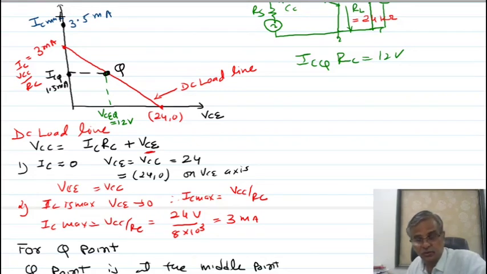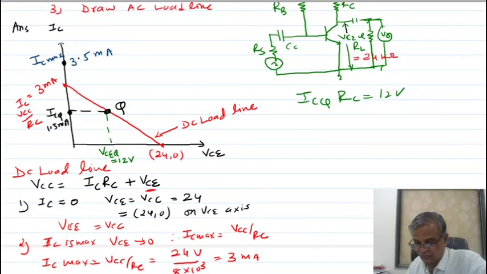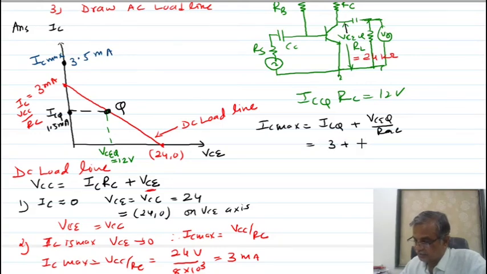IC maximum is nothing but ICQ plus VCQ upon RAC, so this is 1.5 plus 12 by 6, so I will get 3.5 milliampere. So this point I have kept here.